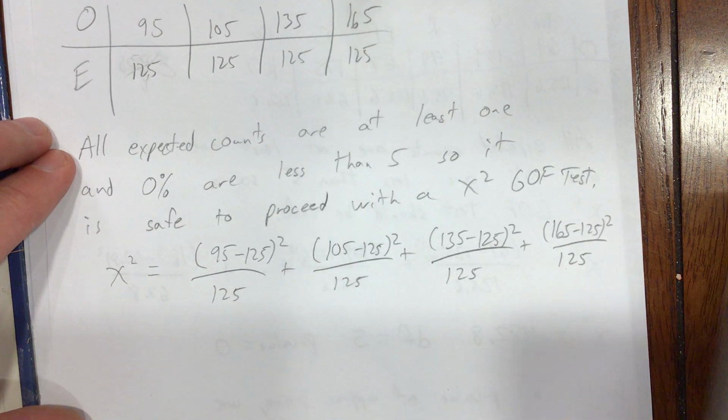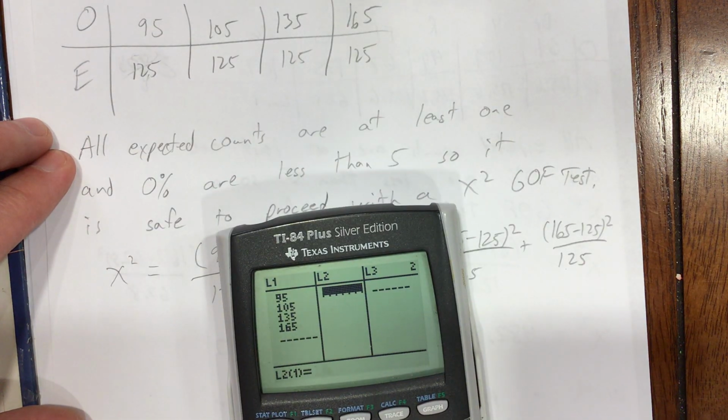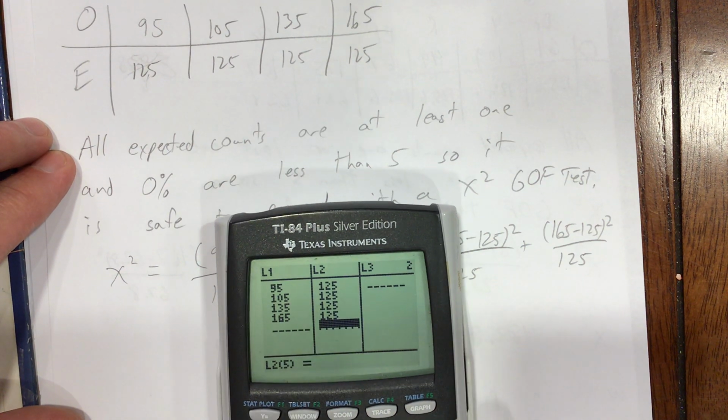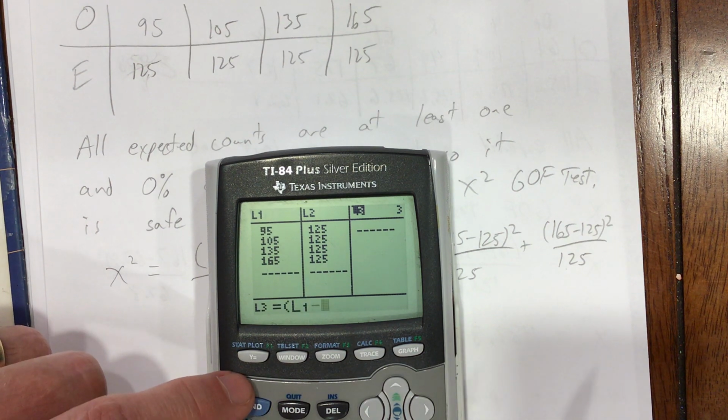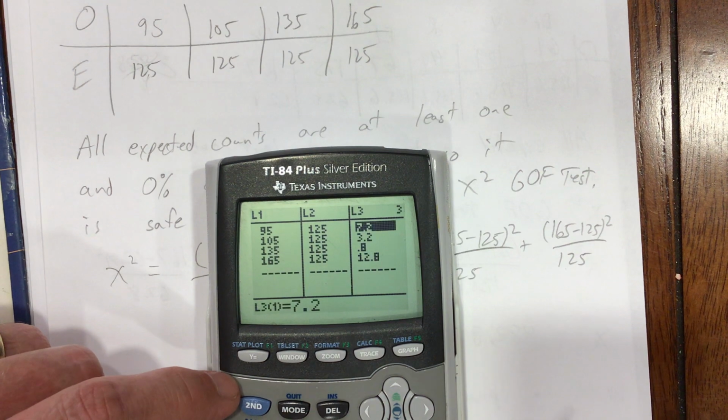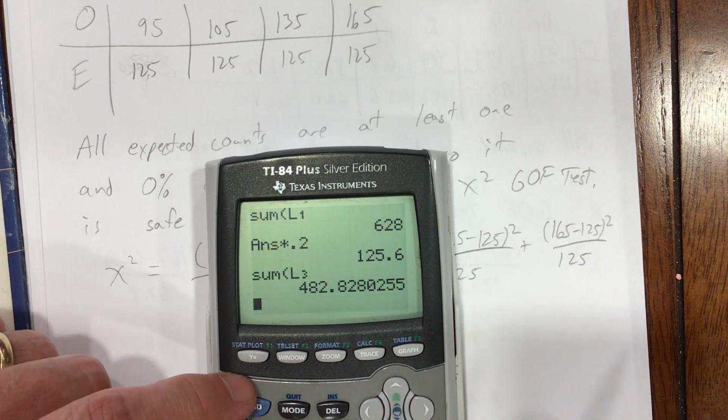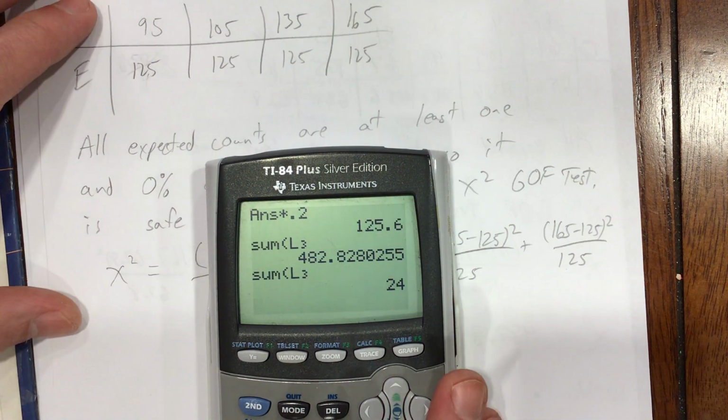There we go. Right, and let's see, list 1 minus list 2 squared divided by list 2. 24.